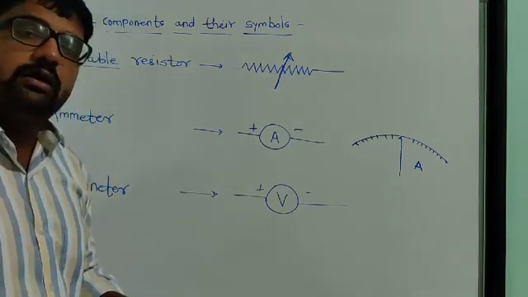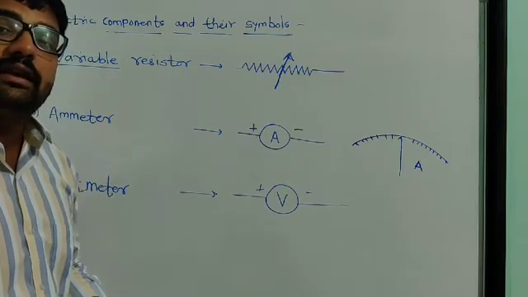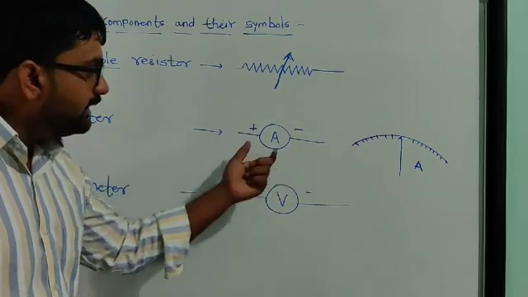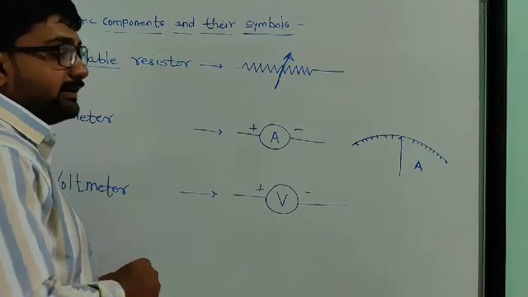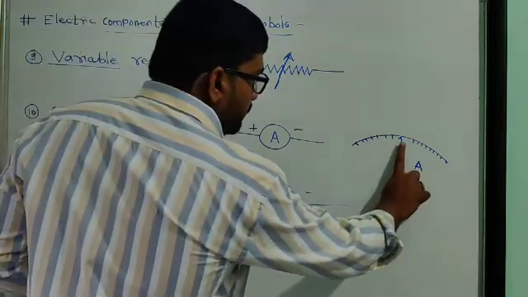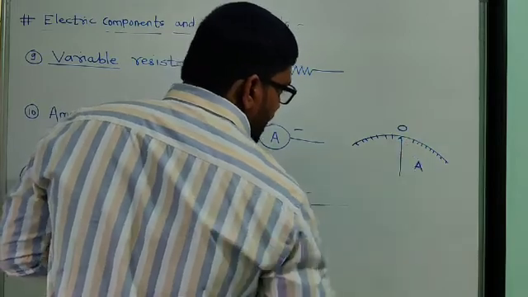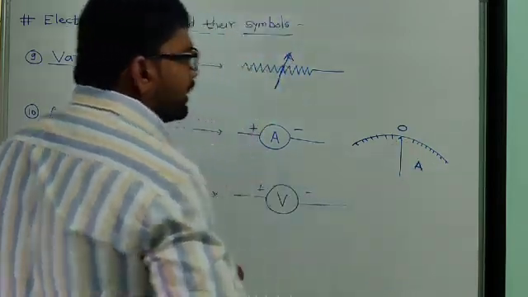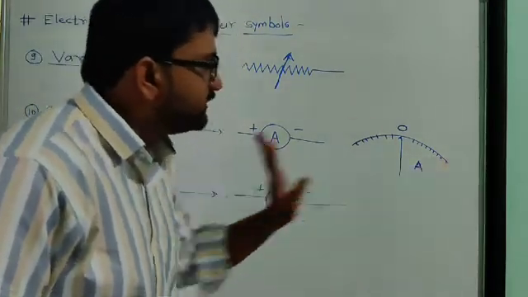If a very small amount of electric current is present in an electric circuit and you connect an ammeter there, then that electric current can be detected. This arrow is at 0, and it will move to this side or this side.